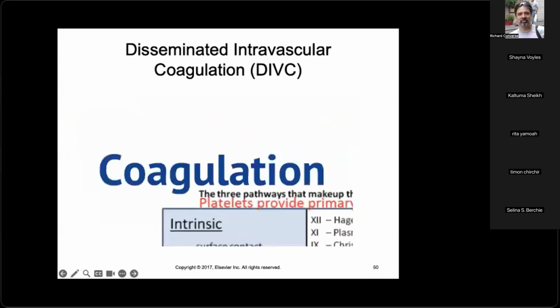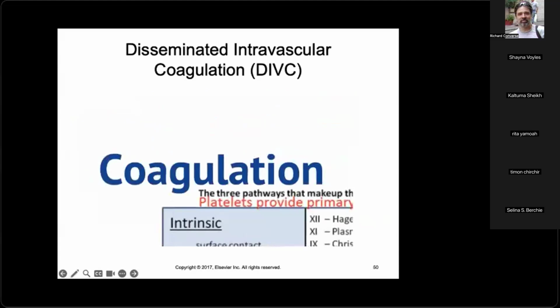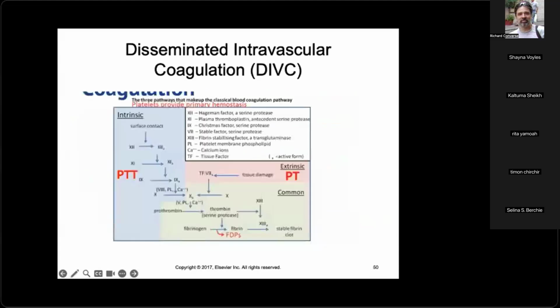Before talking about the specifics of DIC, let's talk about coagulation. Coagulation is split up into primary hemostasis and secondary hemostasis. Primary hemostasis is when there's damage to tissue or blood vessels, and platelets stick to this damage, creating a primary clot.